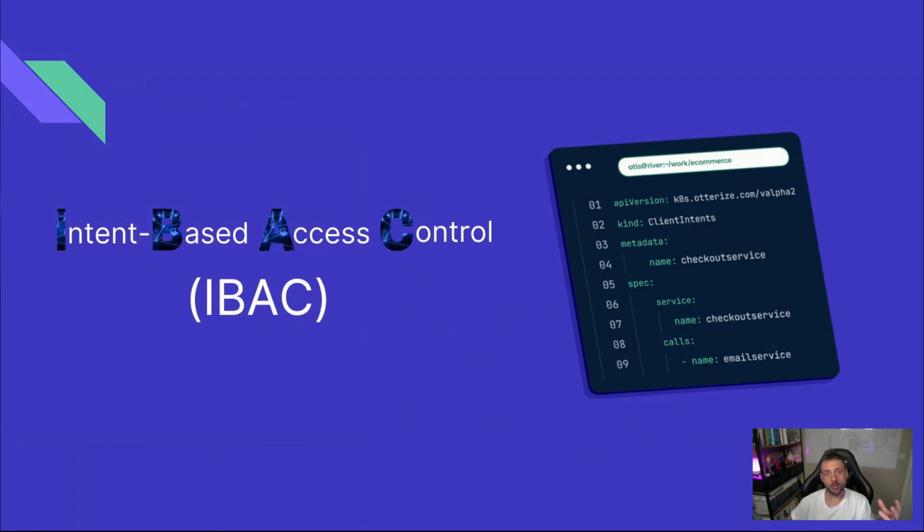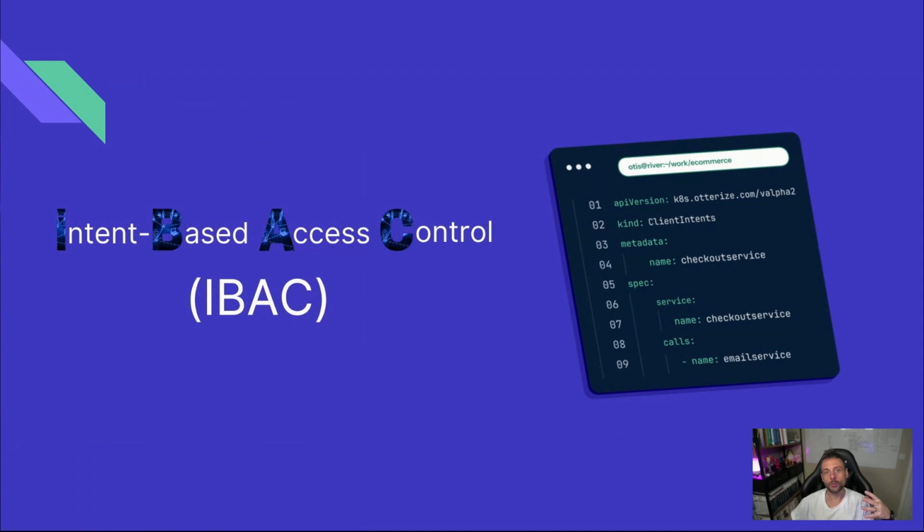Instead of manually configuring policies for every service and environment, IBAC lets devs simply declare what they need access to. Whether it's a DynamoDB table in AWS, a Kubernetes service, or even a traditional database like Postgres, IBAC automatically figures out the right access controls based on those intents.